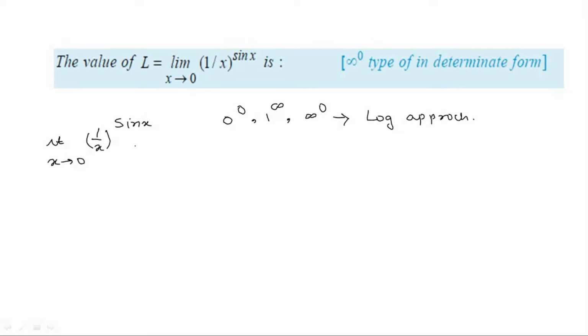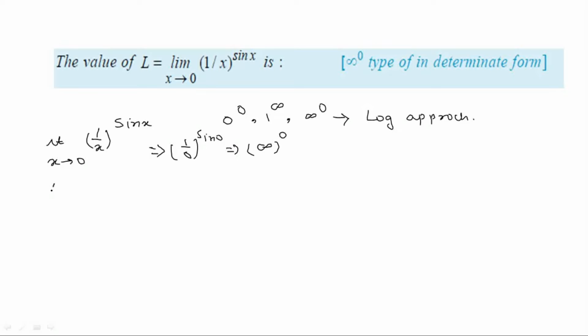If we put x equal to 0, then it is (1 by 0) to the power sin 0. 1 by 0 is tending to infinity, and sin 0 is 0. This is an indeterminate form of infinity to the power 0.